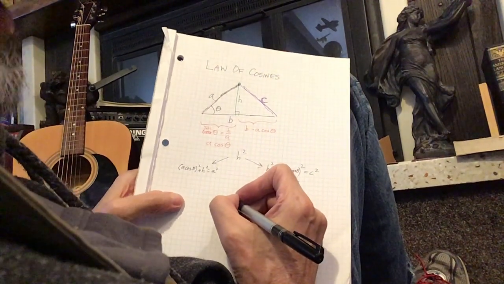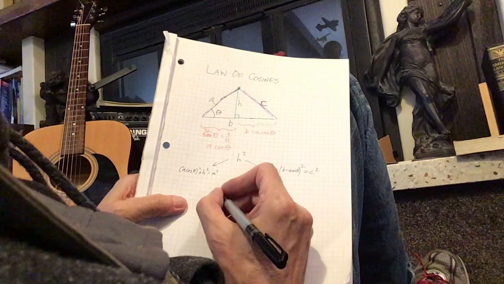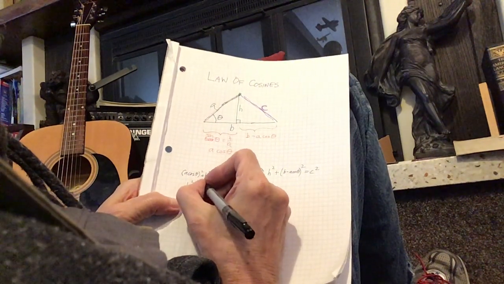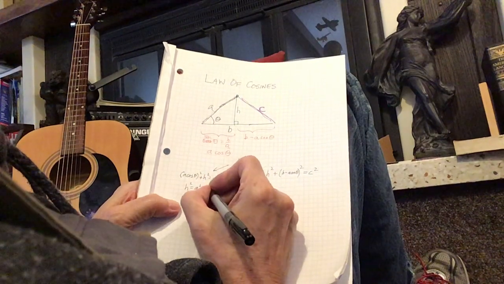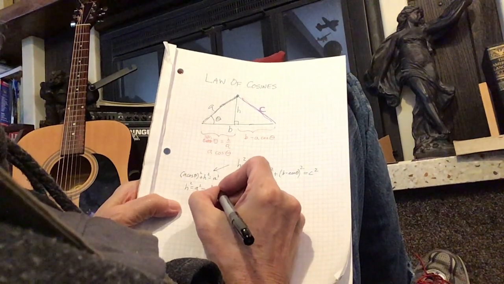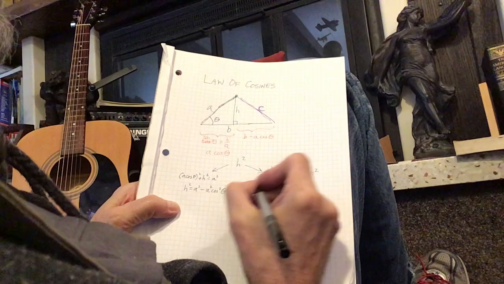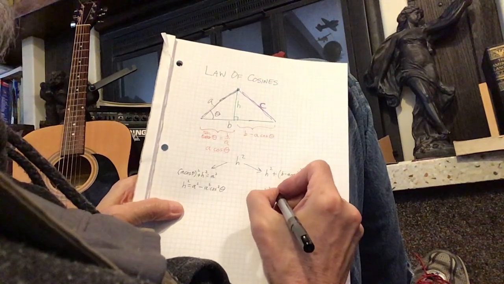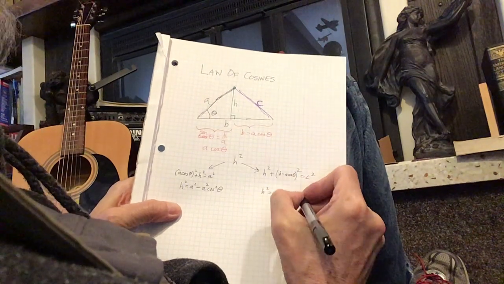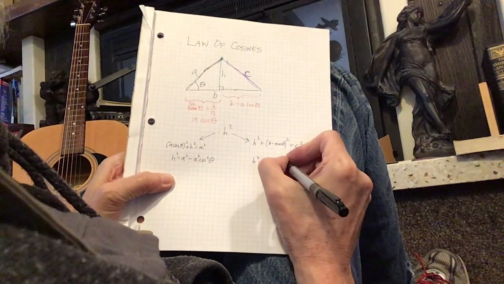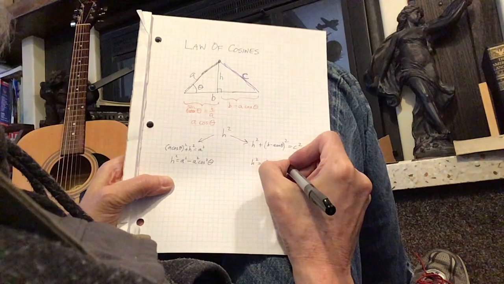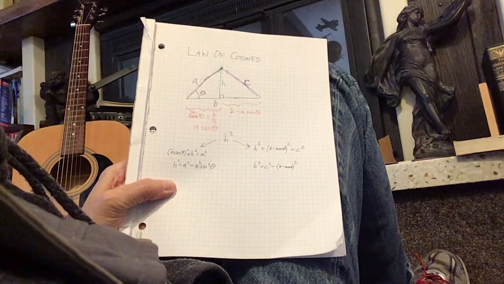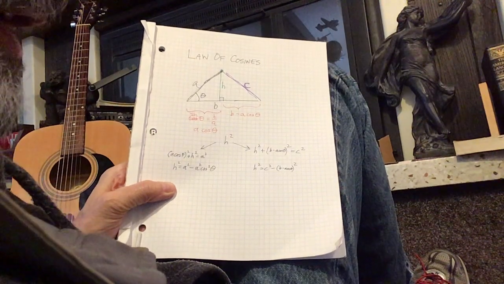All right, well now we get to do some algebra. On the left, h squared is a squared minus, I'll just multiply that out, a squared cosine squared theta. And on the right, h squared is c squared minus that monster thing in parentheses, b minus a cosine theta squared. And we'll just set those equal and plug and chug.